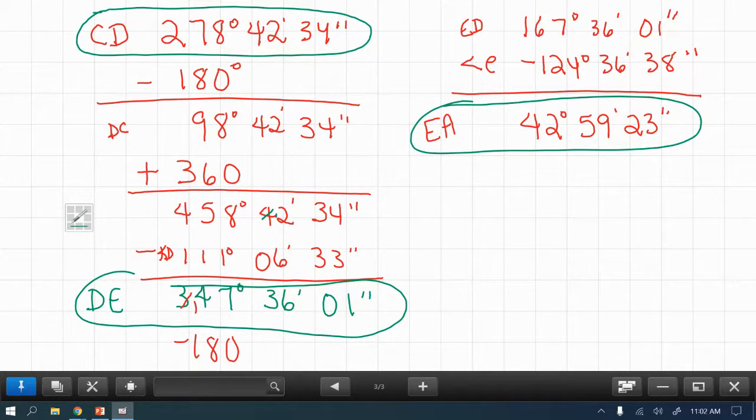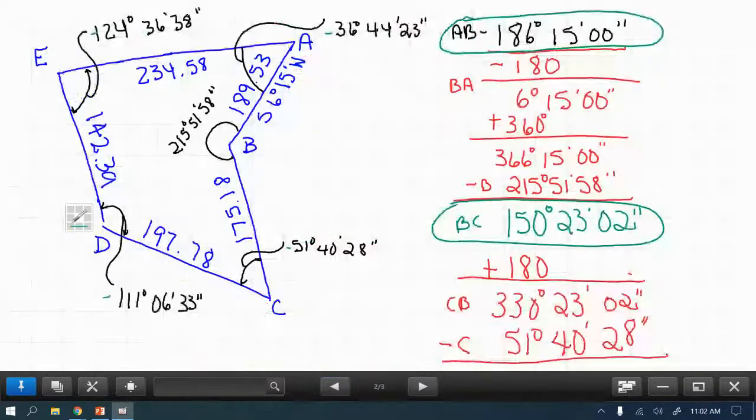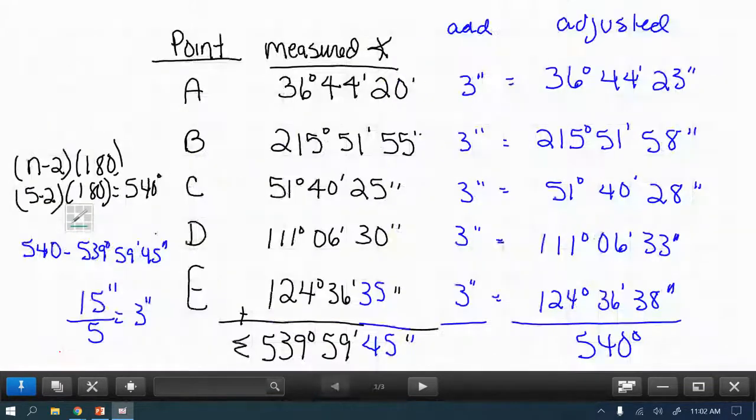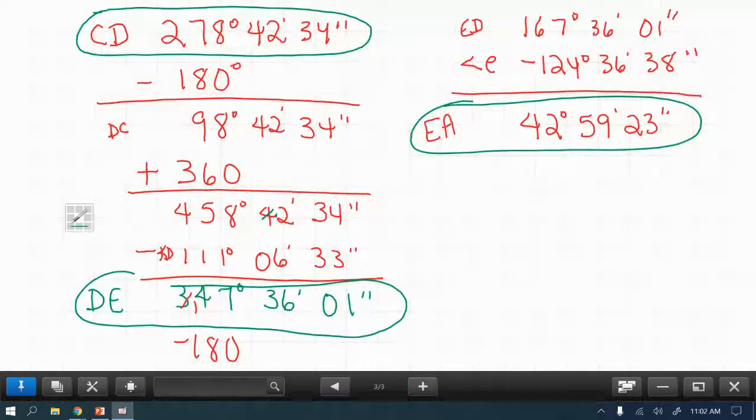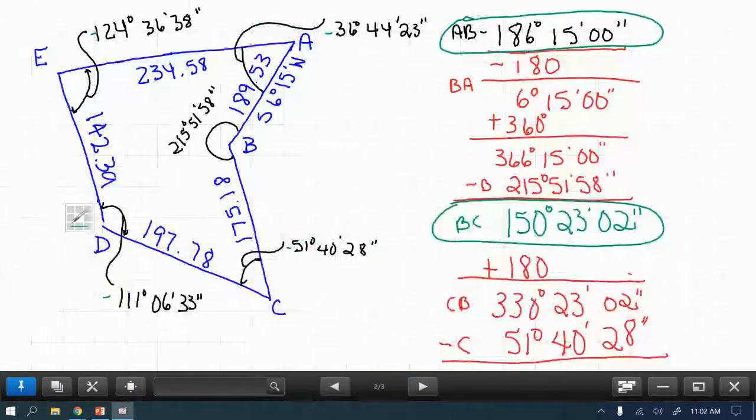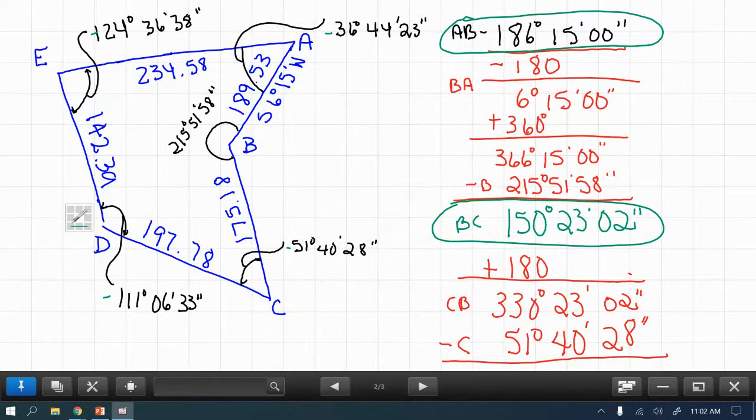So we don't want to just leave it there, we're done, but I would suggest, what do I have on page 1? Oh, that was my angles. I would suggest let's tie back in and see how we come to this last one. See if we get that 186.15.